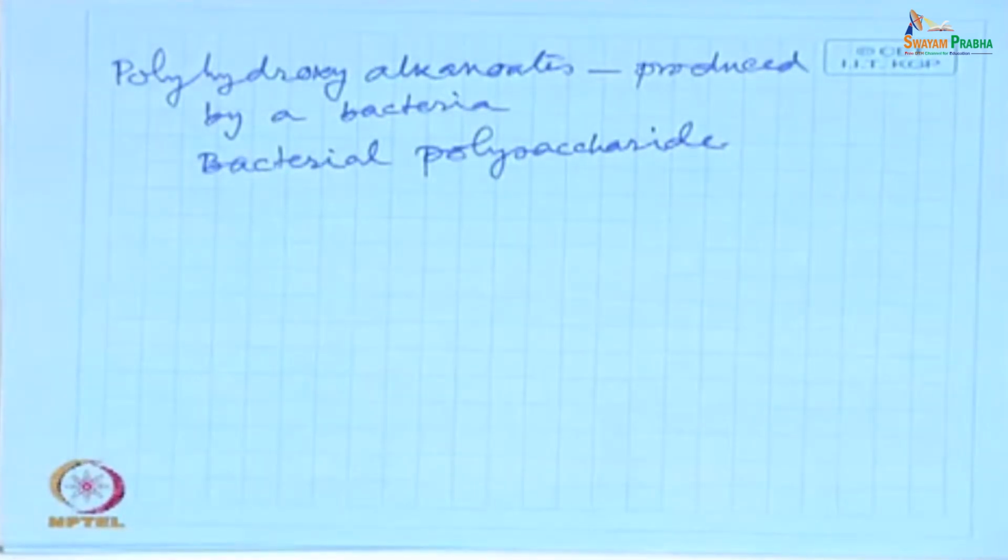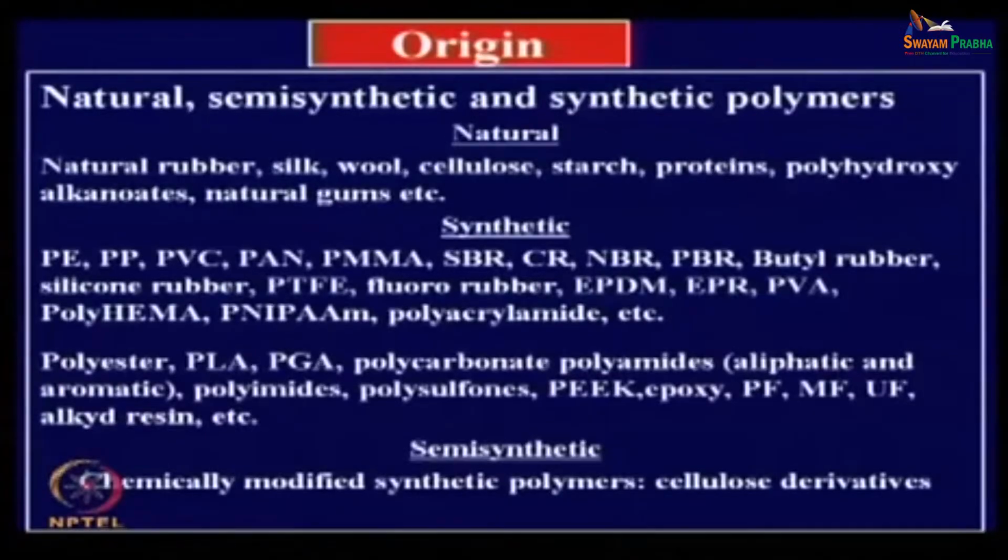This polymer finds extensive use today in the biomedical engineering field. This is a biodegradable bacterial polysaccharide, and so on. So, you will find plenty of examples of naturally occurring polymers which are friendly to nature, degradable by natural organisms, bioorganisms, bacteria, fungi, insects. That means these can behave as food for those microorganisms. So, they are degradable.